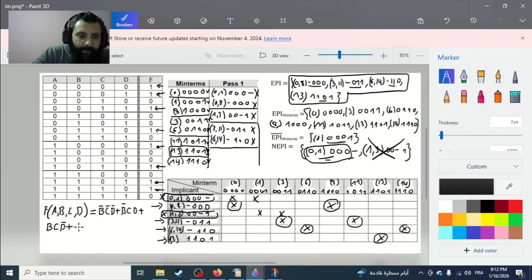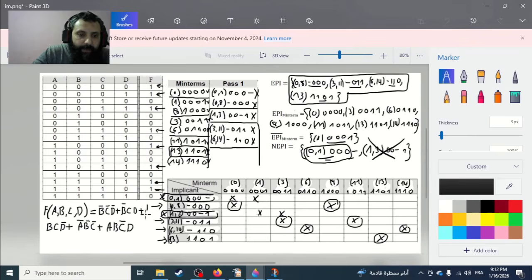We have a, b, c, all bar because they are all zeros, and we eliminated the d. Or this one, which is a, b, c bar, d.